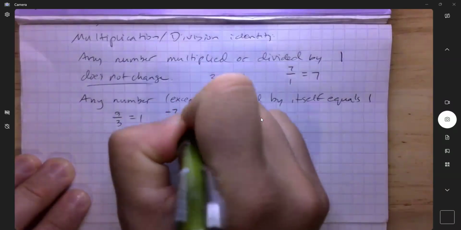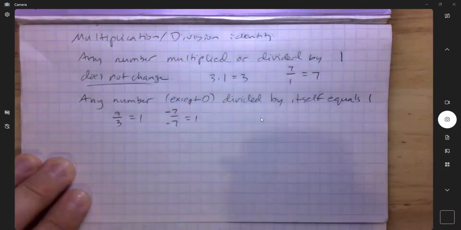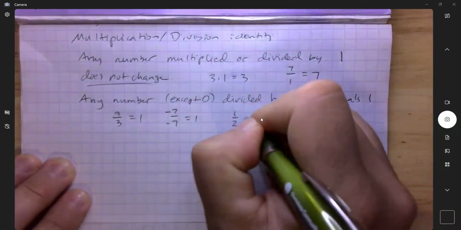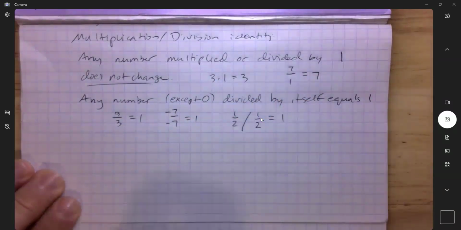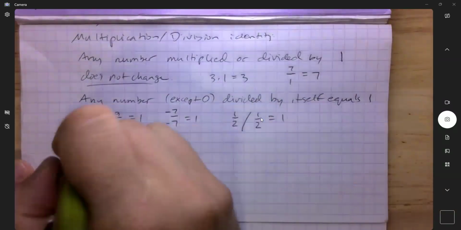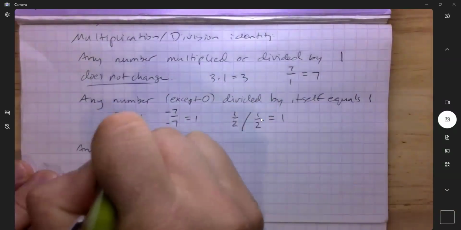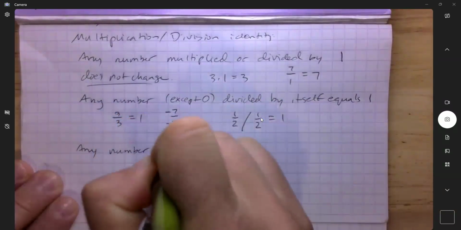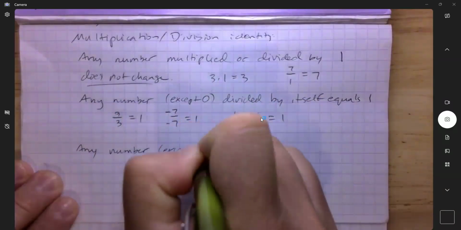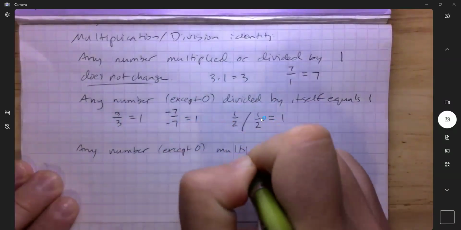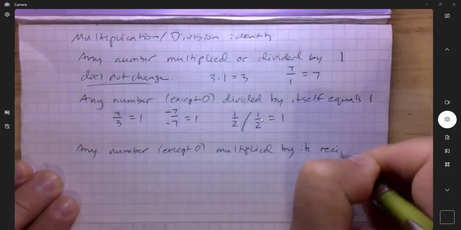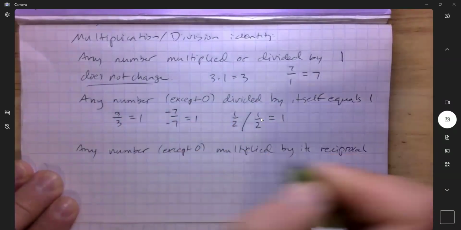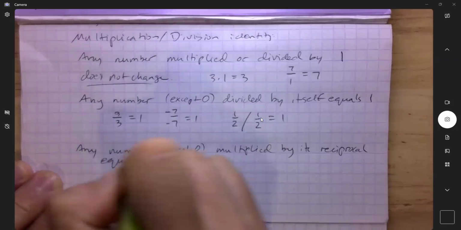Negative 7 divided by negative 7 equals 1. 1/2 divided by 1/2 equals 1. And we could rewrite this as any number, again except 0, multiplied by its reciprocal equals 1.